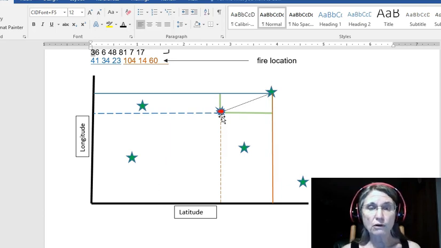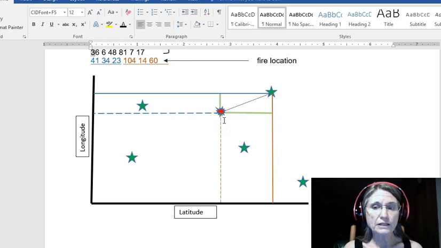So our goal for each and every airport is going to be to calculate the distance between that airport and the fire, so that we can ultimately choose the minimum distance, and that will be the airport from which to dispatch.